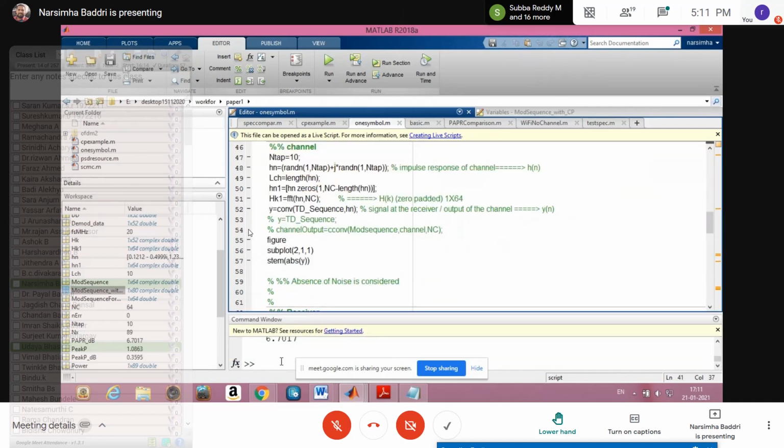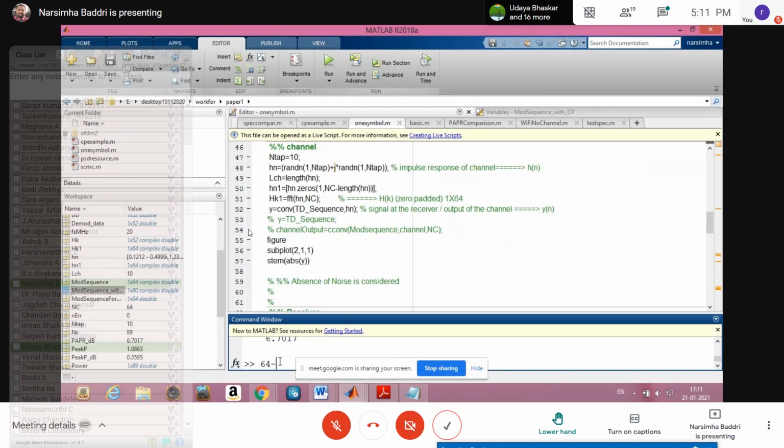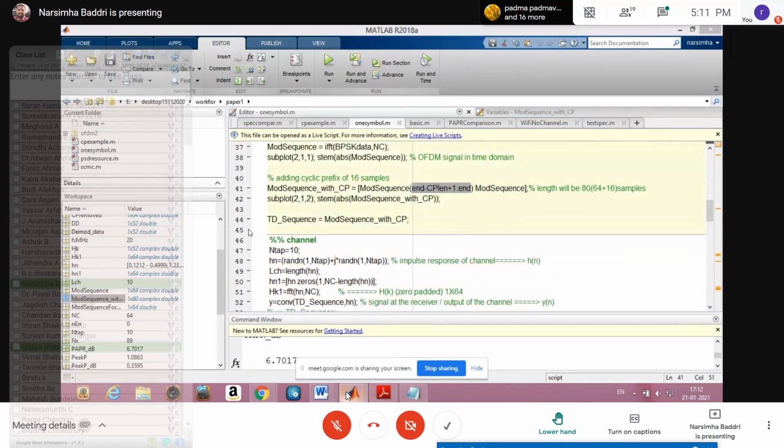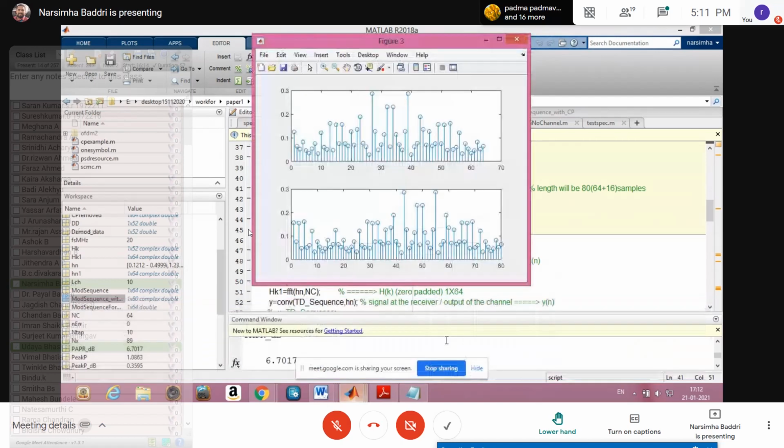So the MARD sequence end index is nothing but 64 minus 16 plus 1, that is 64 minus 17. In that location, 47 is the location.